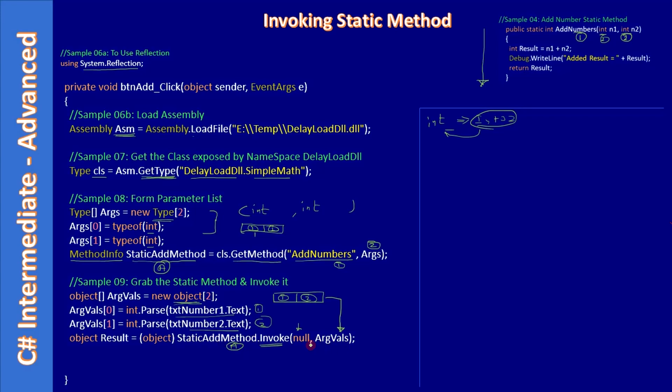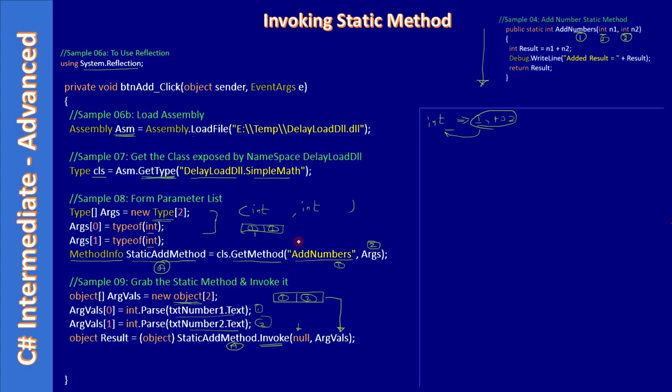So where is the type information? Type information is already available in the static add method itself. With GetMethod, we retrieved the correct method. So here the argument value itself is sufficient, because we have the correct method in hand. The type information is used to pick the correct method from the class's exposed methods.